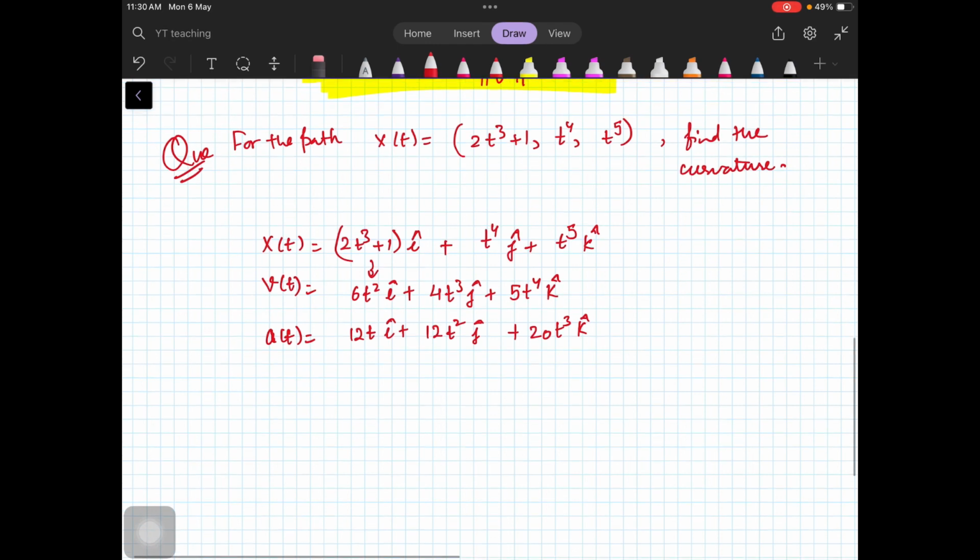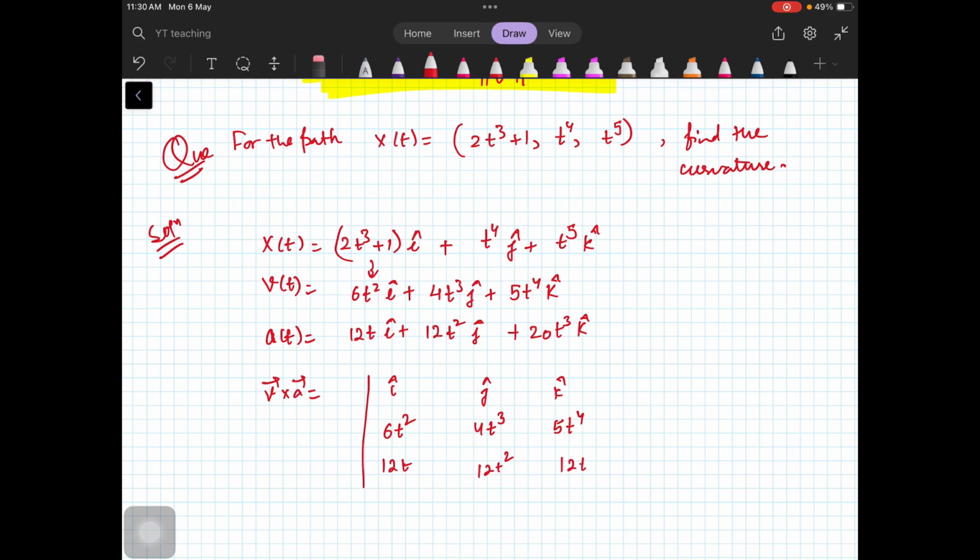Now we can calculate V cross A. That would be the determinant with i j k, then 6t square, 4t cube, 5t raised to power 4, and 12t, 12t square, 20t cube. Sorry, this is 20t cube here.